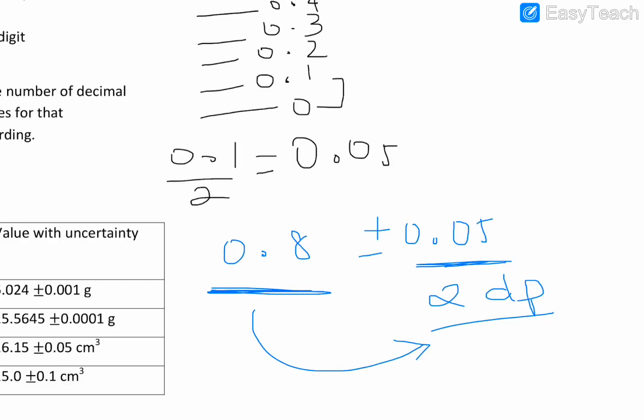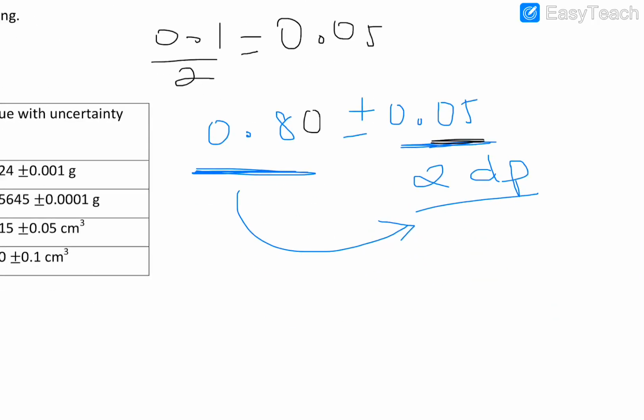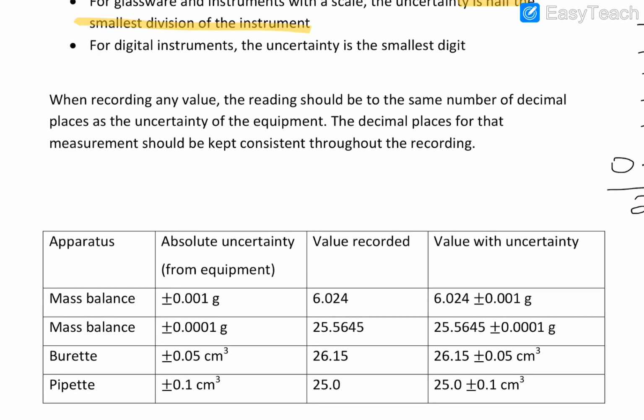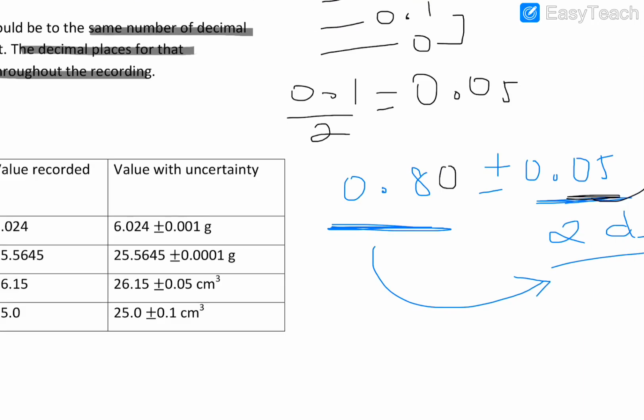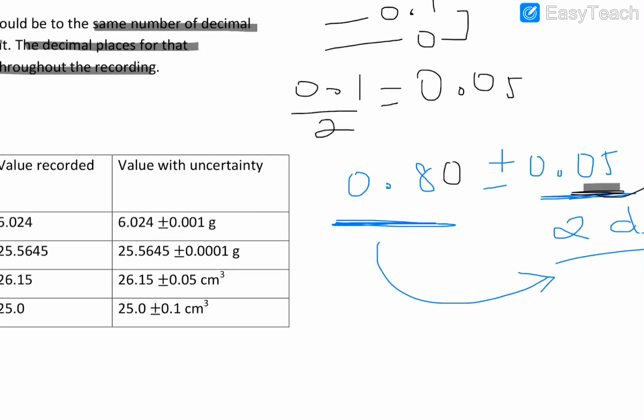So I'm going to add a 0 here, because it has to be to 2 dp. Whatever value you have here will need to be to the same dp as the uncertainty. You can underline it in your handouts: decimal places for the measurement should be consistent throughout the recording, and should be the same number of decimal places as the uncertainty of the equipment.